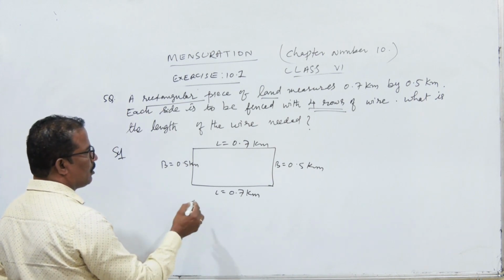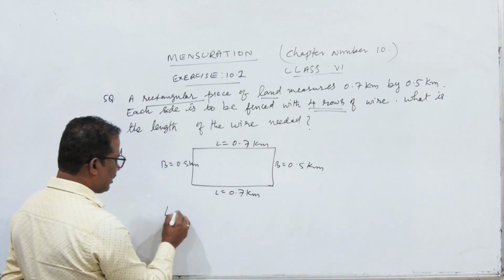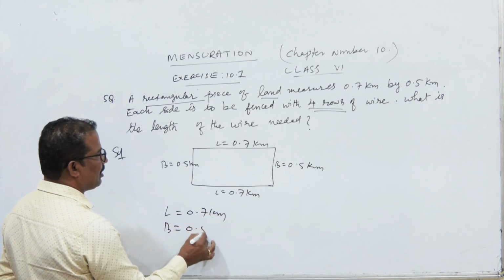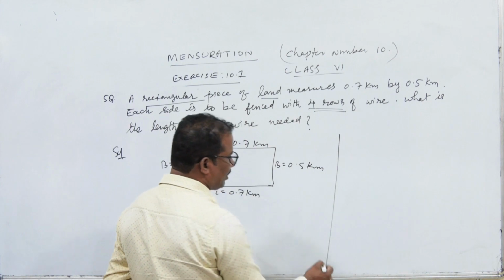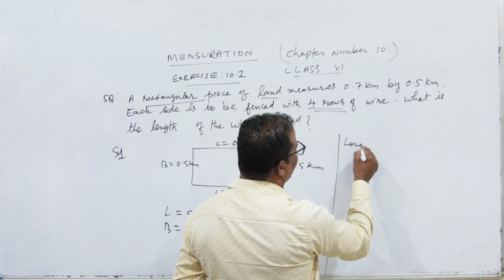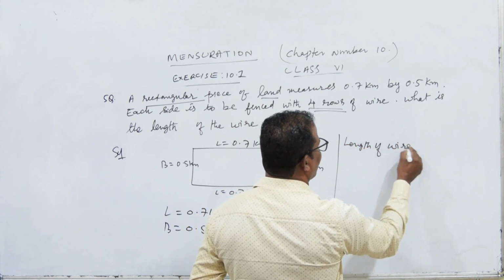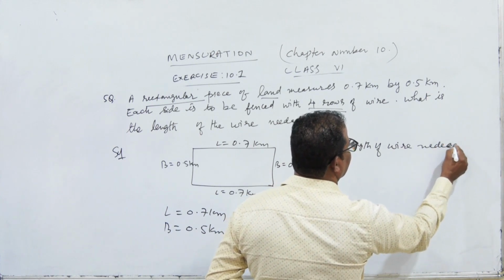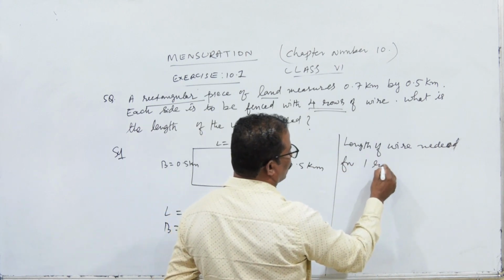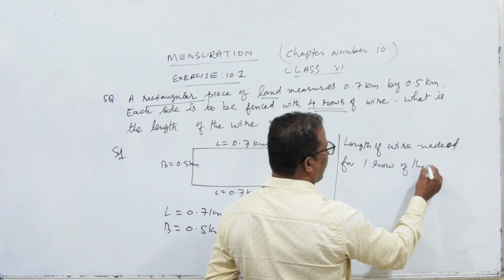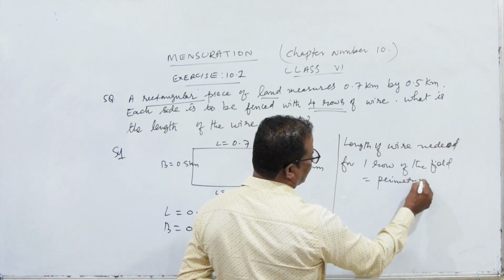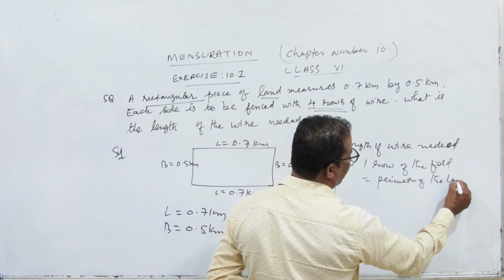Okay. So for that, what to do? First of all, we have to write the length is how much? That is 0.7 kilometer, and the breadth is how much? That is 0.5 kilometer. So first we need to find the total length of the wire needed for one round. So length of wire needed for one row of the field is equal to the perimeter of the land.